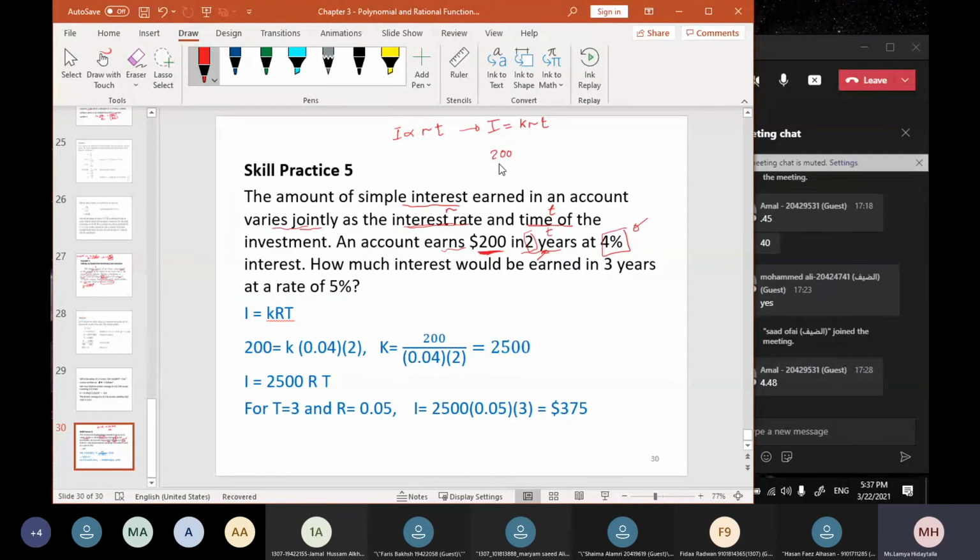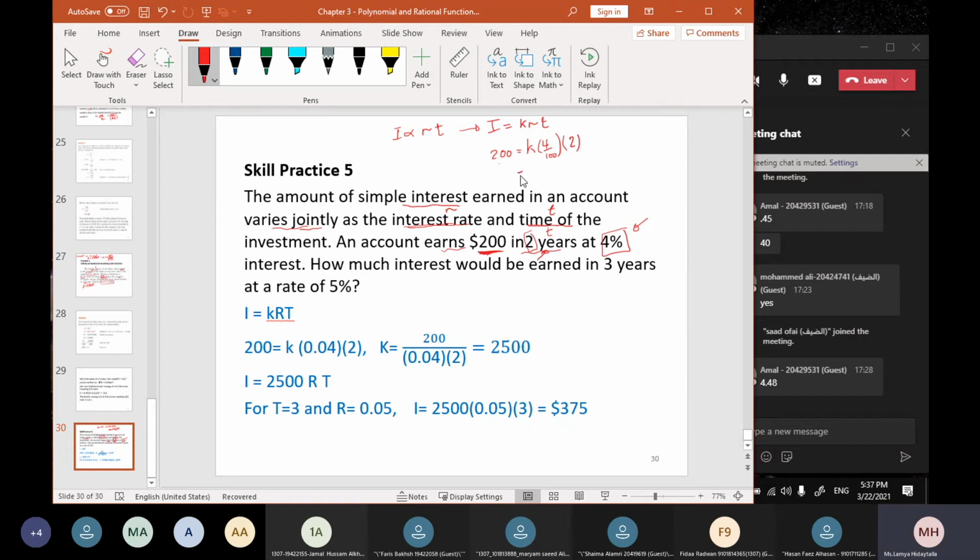Okay, so the 200 is equal to a constant times a rate, which was 4%, that is 4 over 100, times a time, which is 2 years.